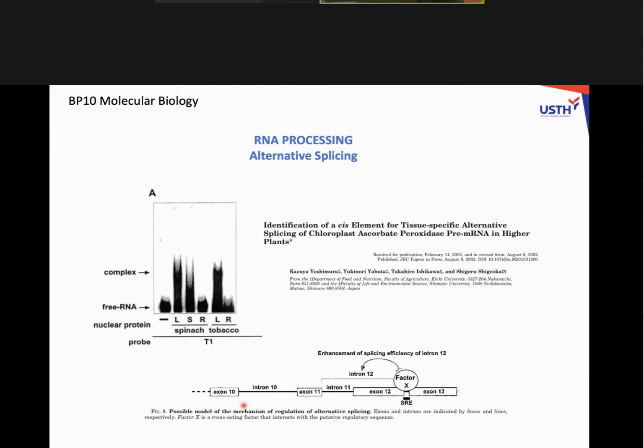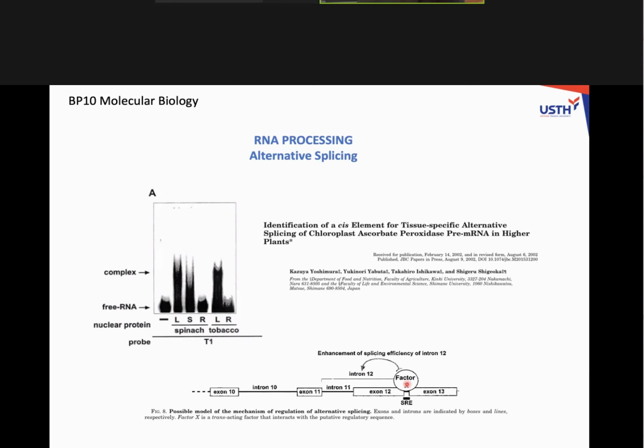The model of the alternative splicing is: if you don't have factor X in the organ, the splicing will be normal, which is exon 10, exon 11, exon 12, exon 13. When factor X is present, factor X binds to the SRE element and changes the splicing pattern.